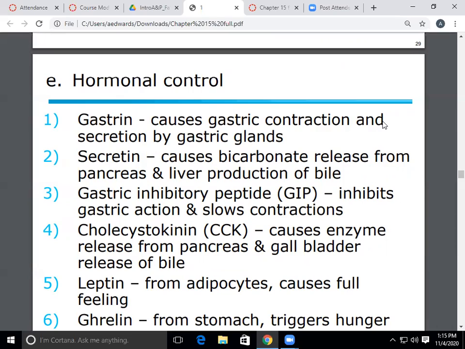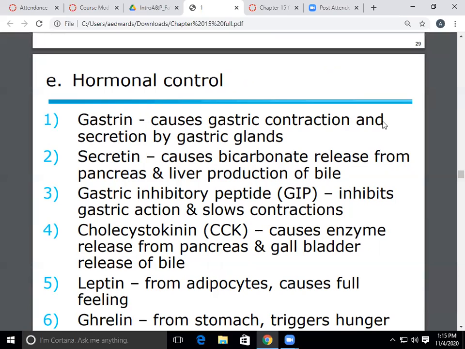Secretin, another hormone, is going to cause release of bicarbonate, that is HCO3 minus, from the pancreas. So it makes the liver make bile, and it makes the pancreas release bicarbonate.